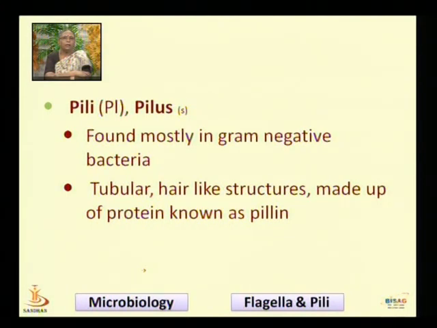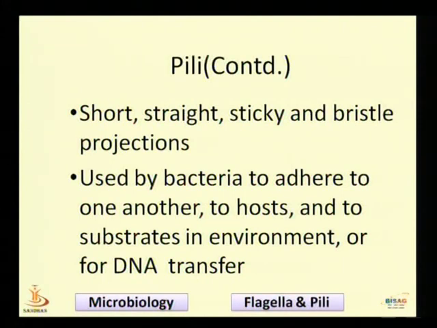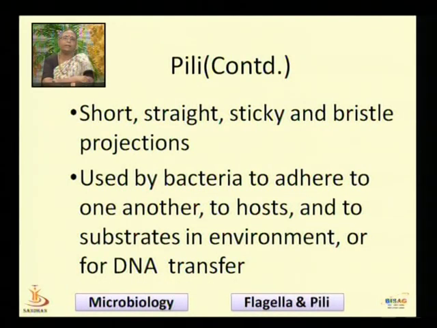Now, in the next slide, as has already been said, these are comparatively shorter, straighter, sticky and bristle-like projections present all over the cell surface, and they are basically there to give the property of adherence to the bacterial cell.